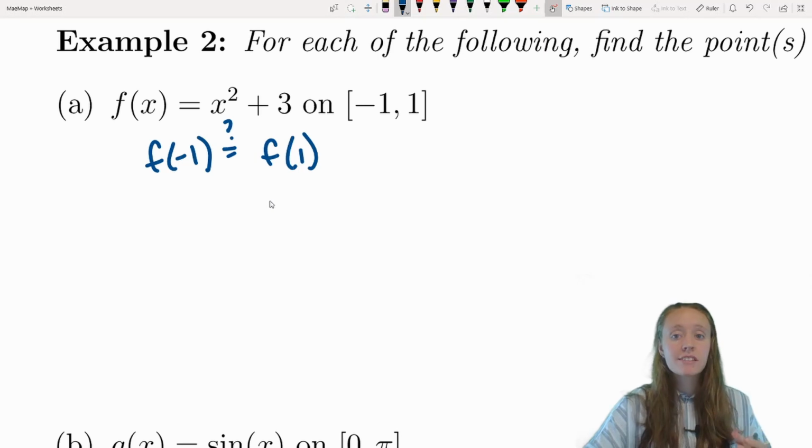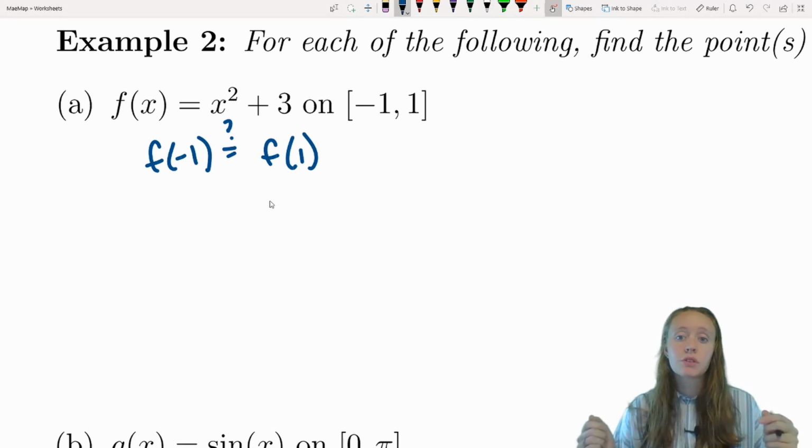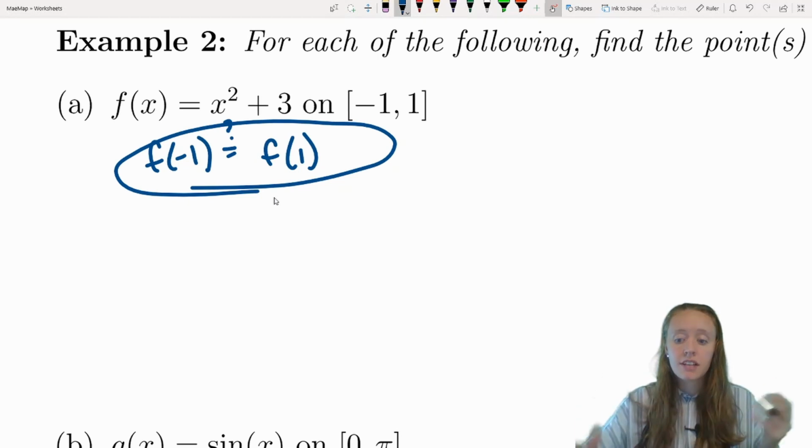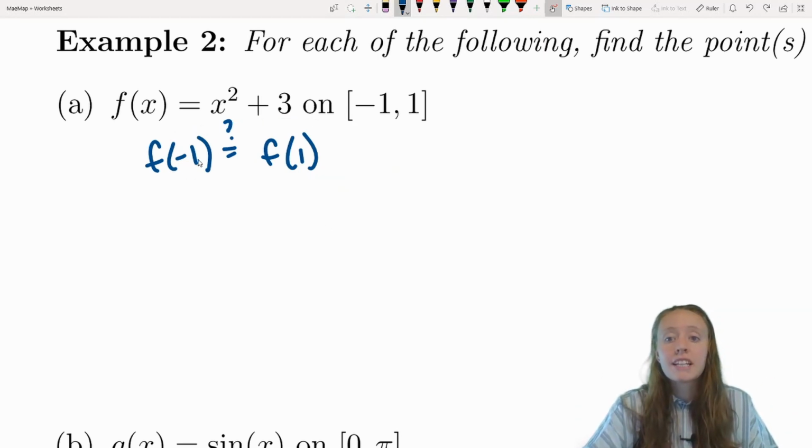If that's the case, then we can apply Rolle's theorem and find that point c where the slope of the tangent line is equal to 0, because the slope of the secant line, if these are equal, is 0. So plugging in -1 for x, I get -1 squared, which is 1, plus 3, which gives me 4. And when I plug in 1, 1 squared is 1, plus 3 gives me 4.